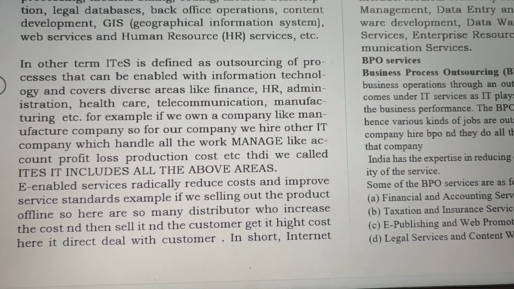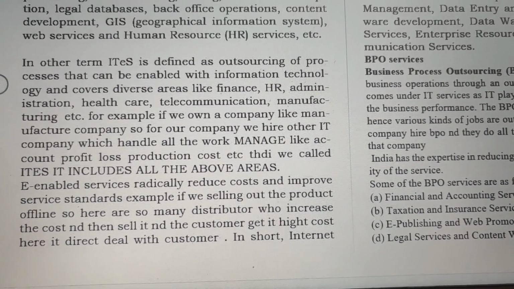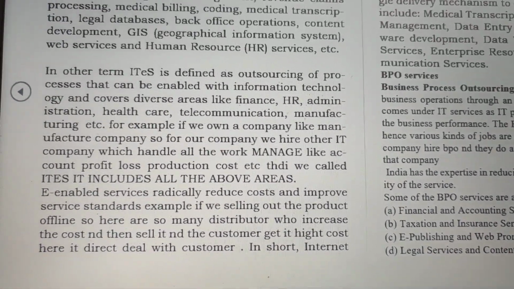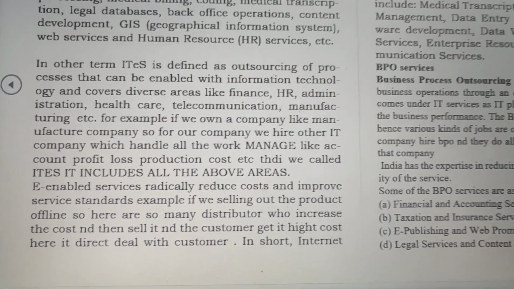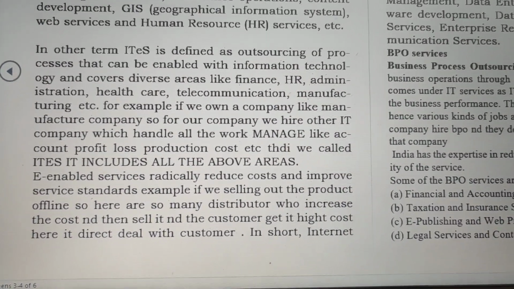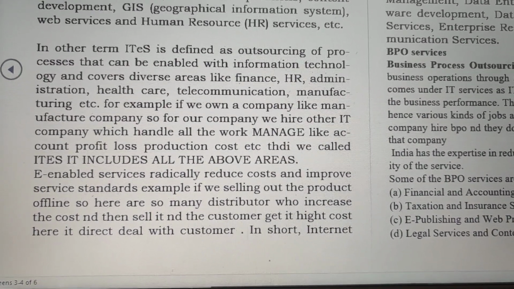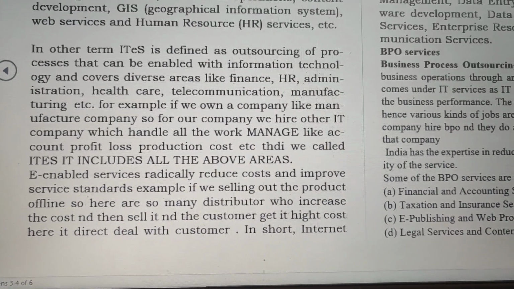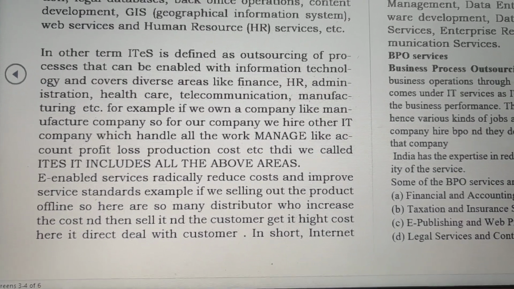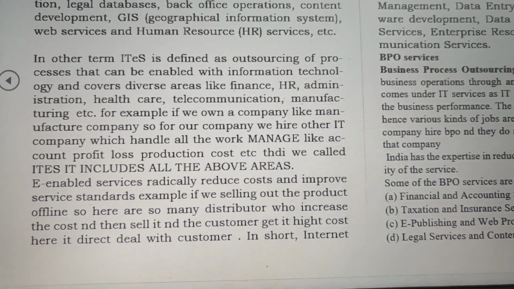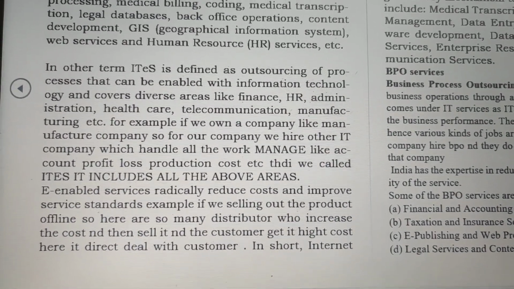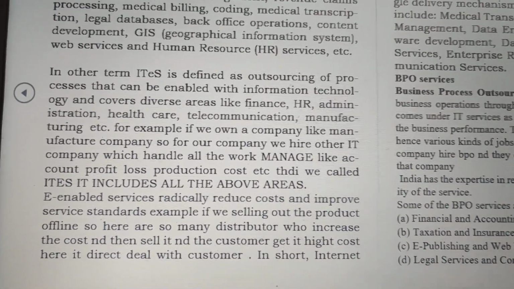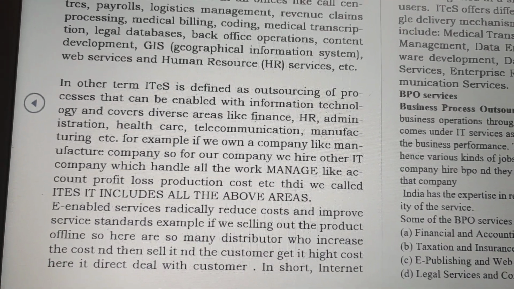Enabled services radically reduce cost and improve service standards. So what does ITES do? ITES reduces the cost. How? Suppose we are a production house selling a product, and the online process is not available, let's talk about the earlier days.